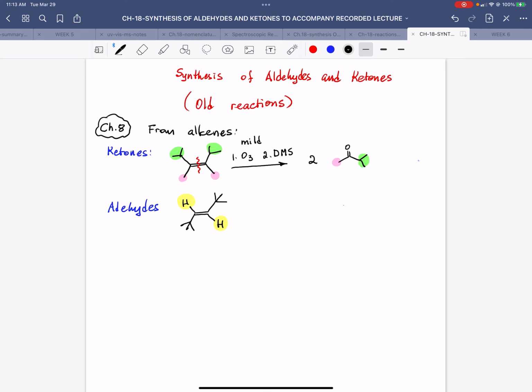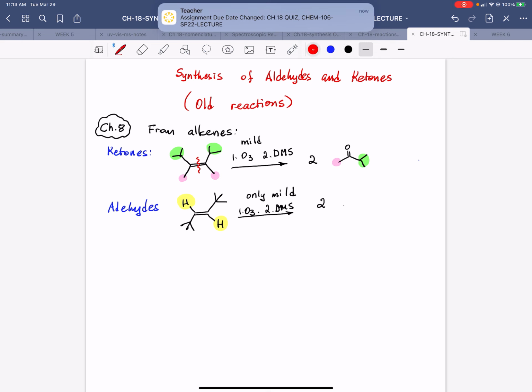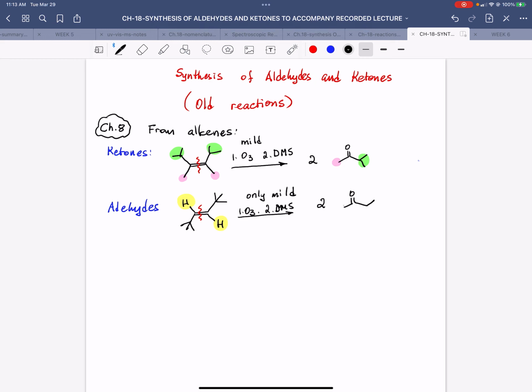So in this case, we could use only mild oxidative cleavage. Dimethyl sulfide. And the result of the reaction will be, as we remember, two equivalents of an aldehyde. Okay?